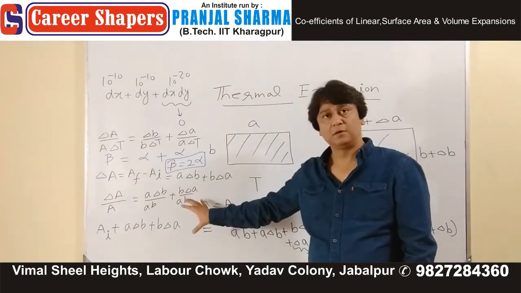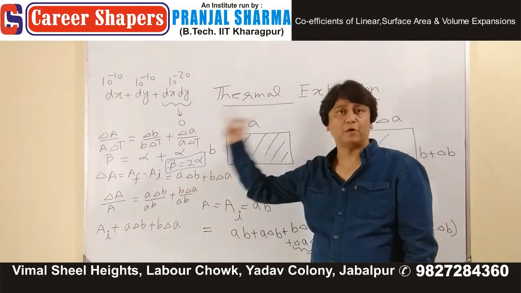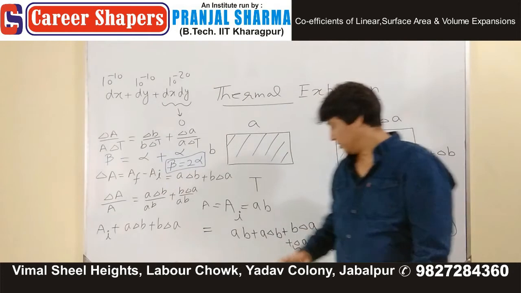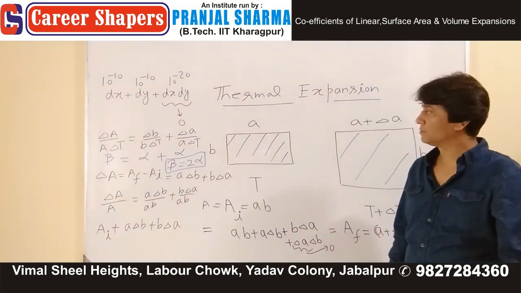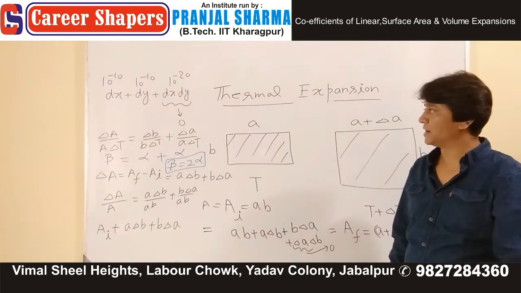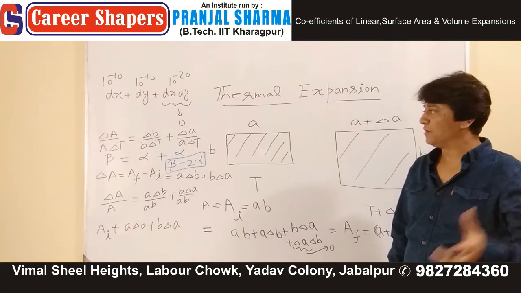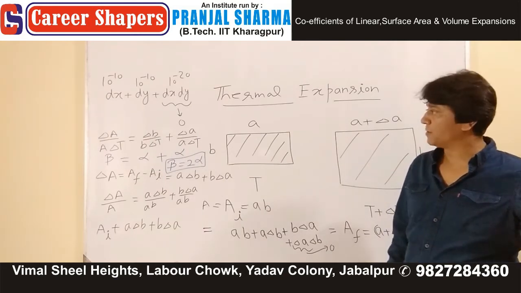Same method. We found change in area over there, and try to eliminate things like these, and hopefully you can answer this in just 1 minute's time. Let's see how many of you can find a relation between alpha and gamma. Once you find it, write that down in the comment box.